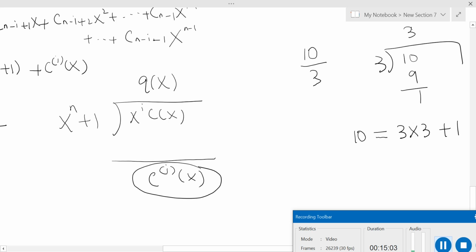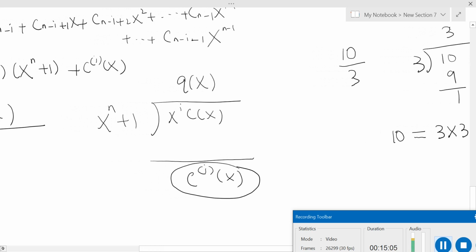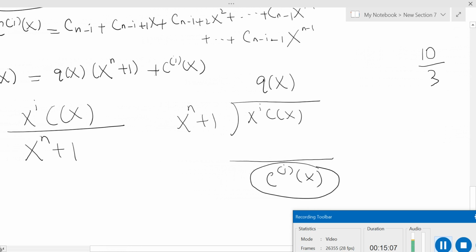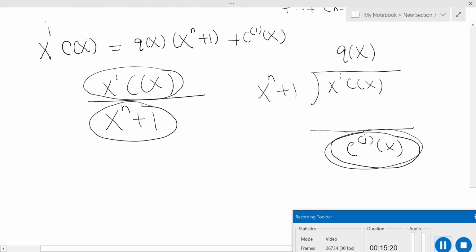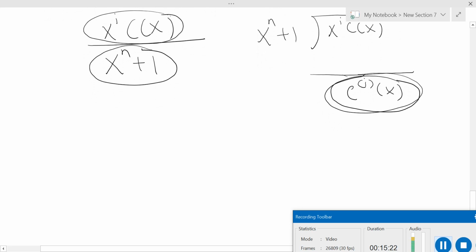So to get a cyclic polynomial for a cyclic code out of a code polynomial, divide the code polynomial by x to the power n plus 1, then the remainder which you will get is a cyclic code. This is a very important property.